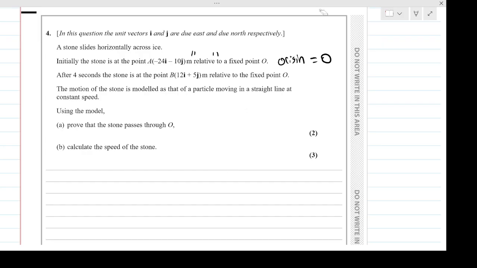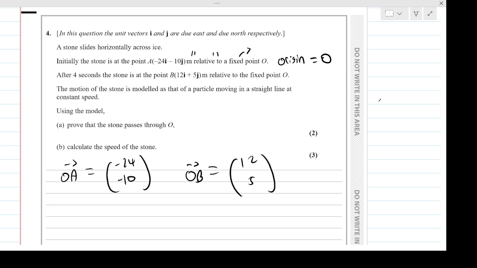Okay, so position vectors are basically coordinates. So these two vectors here, vector A and vector B, are position vectors. So I'm going to say OA is, as a column, minus 24 and then minus 10 on the bottom, and OB is 12 and 5.